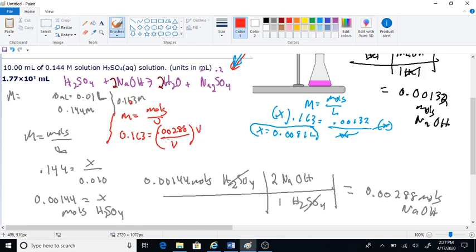Please multiply by the V over here, cross it out, and then you have 0.163 V equals 0.00288. Divide, and you get V equal to 0.0177 liters. Awesome. You could put it in liters, you could put it in milliliters. Done. 17.7 milliliters if you like that. All right, awesome.